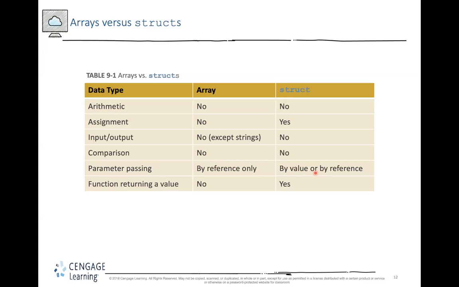Now, typically, I know the book may have some examples where you pass something by value, then you modify it somehow. Typically, the way we design the program, you don't really want to modify the parameters passed into your function.